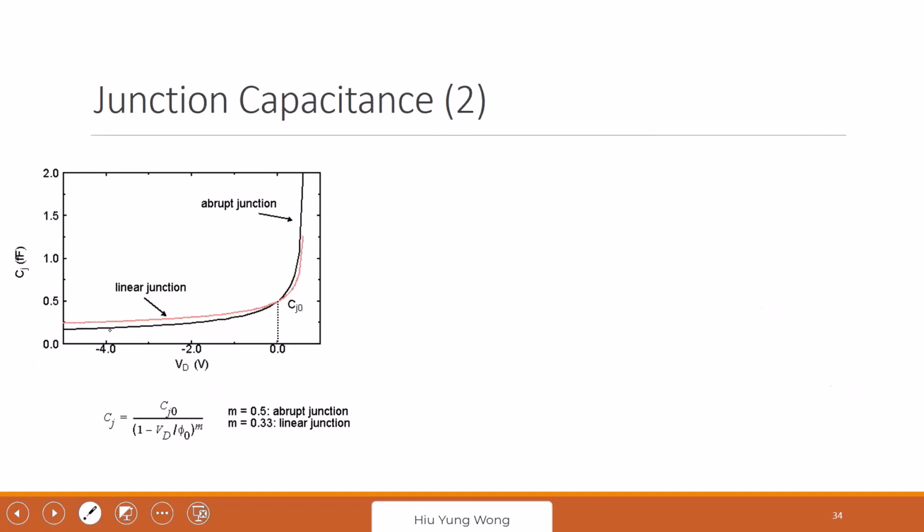Then how do I find the effective capacitance? Because in digital circuits, the reason I want to find the capacitance is to find the delay. So I want to find the effective capacitance.